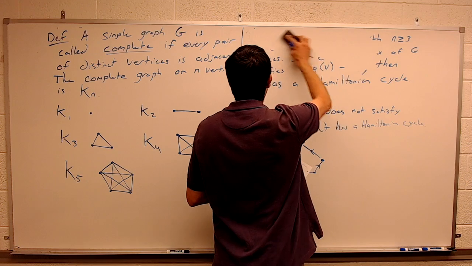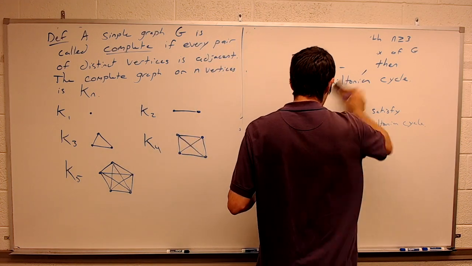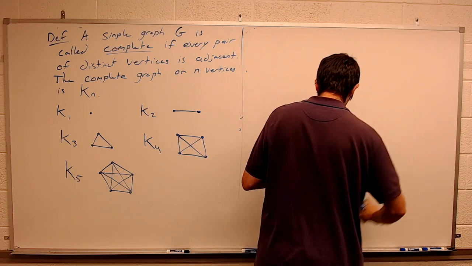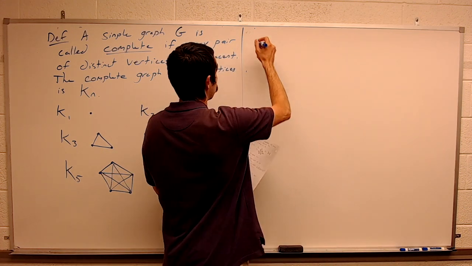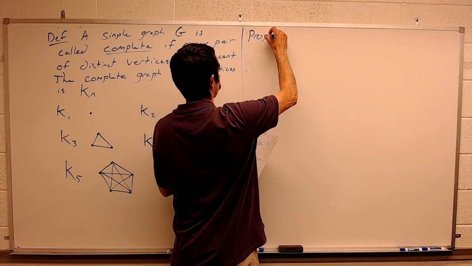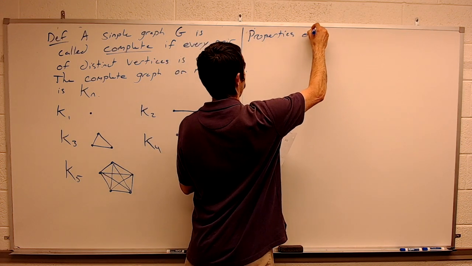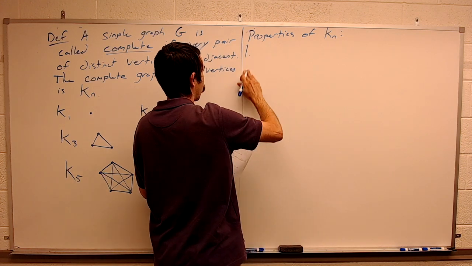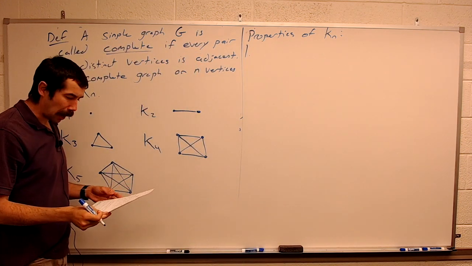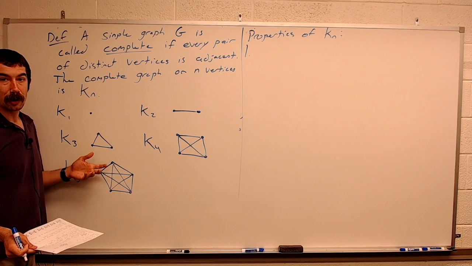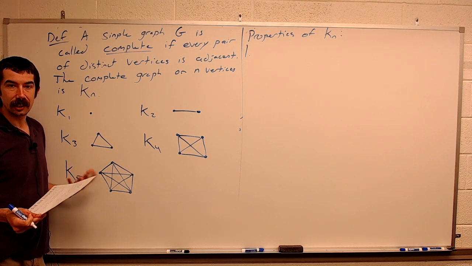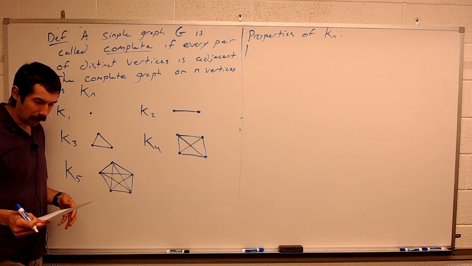All right, just a few properties of these complete graphs. The first property is that each vertex in the complete graph has the same degree, and that degree is n minus 1.